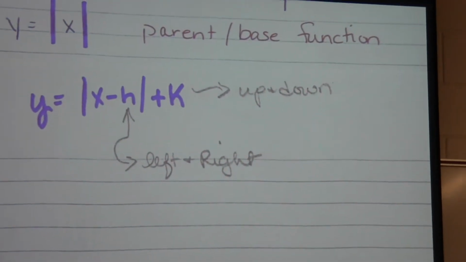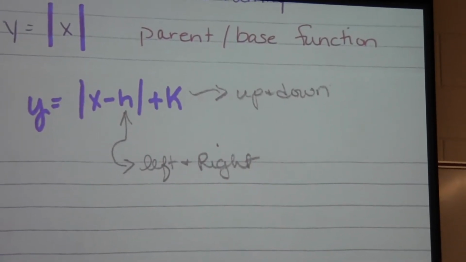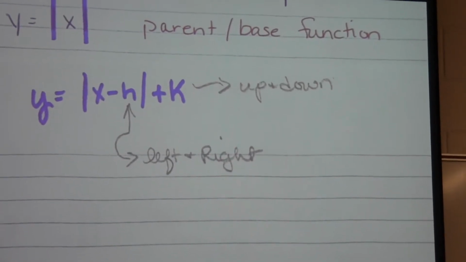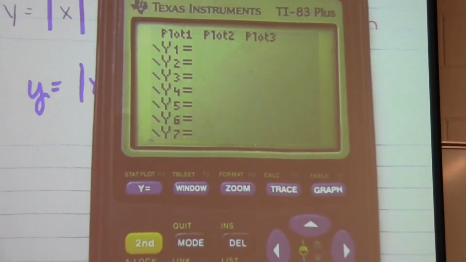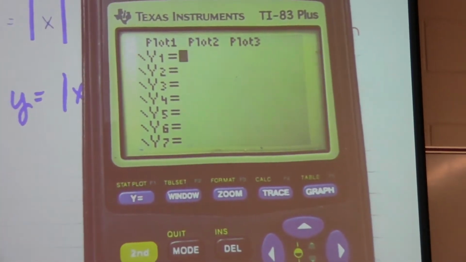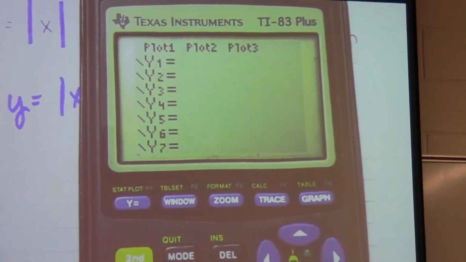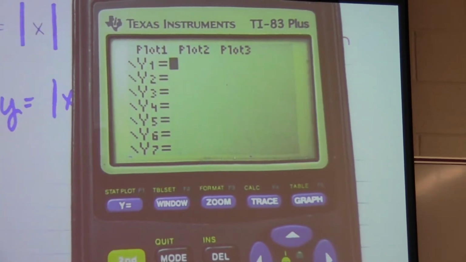and one of them it's not going to matter. So let's just start with taking out our calculators, and let's look at the absolute value function by itself, because it's pretty cool looking to start with anyway. And then we'll stretch it and shrink it. So, first of all, and most importantly, we want to go to our y equals.